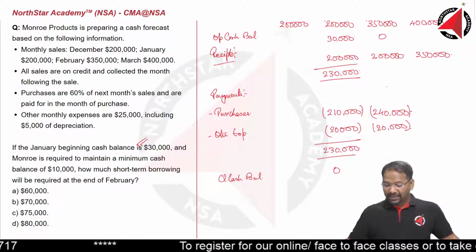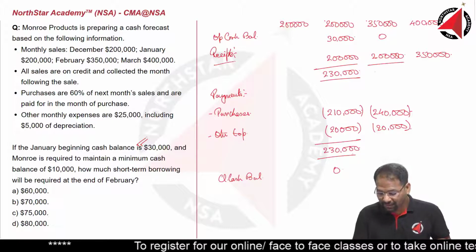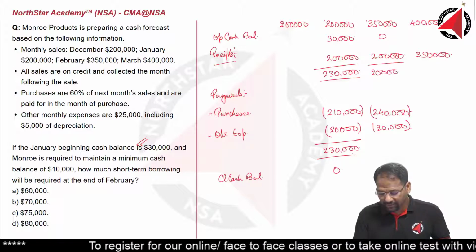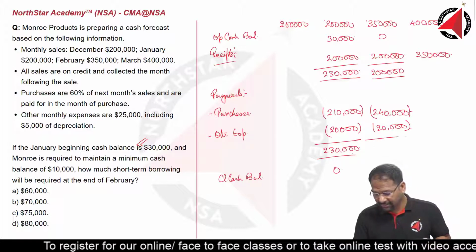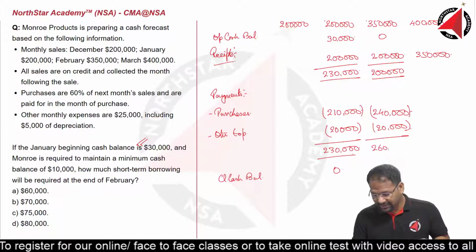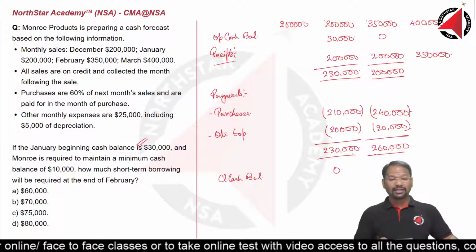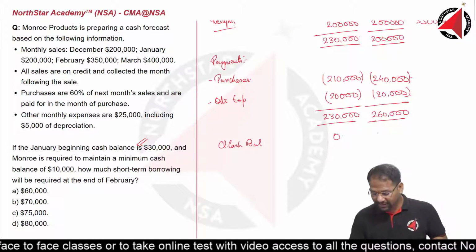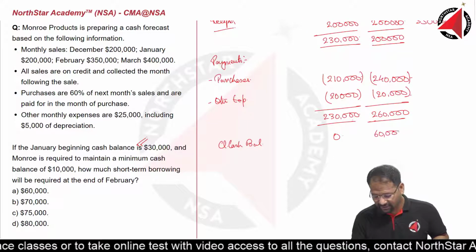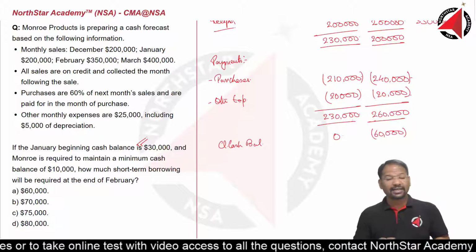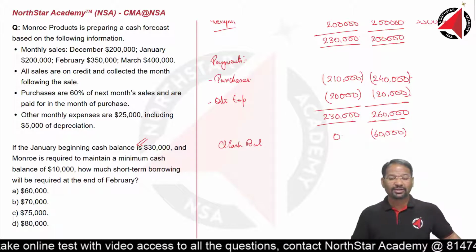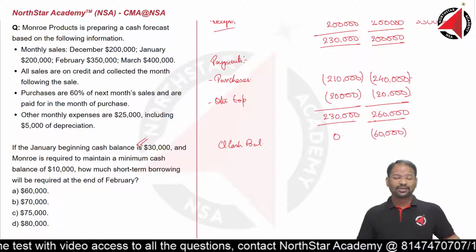Now, opening cash balance plus 200,000, my total is 200,000. And how much is our payments? Payments are $260,000. So how much is the closing cash balance? We will have a negative closing cash balance of $60,000. This negative cash balance can also be called as bank OD or any other short-term borrowings.